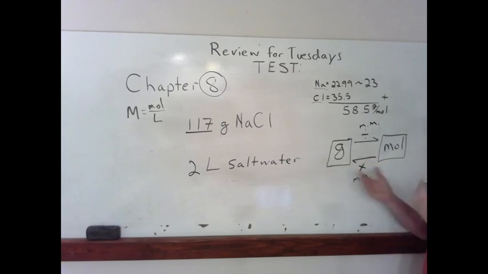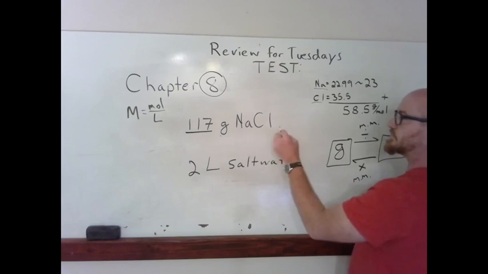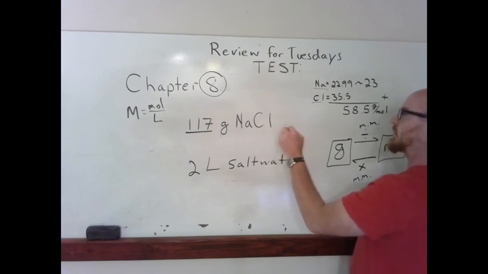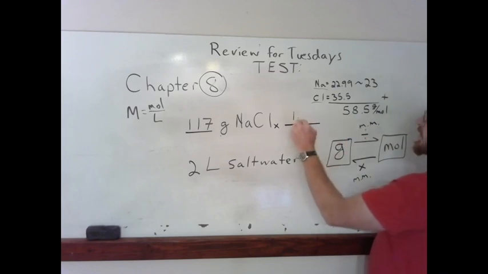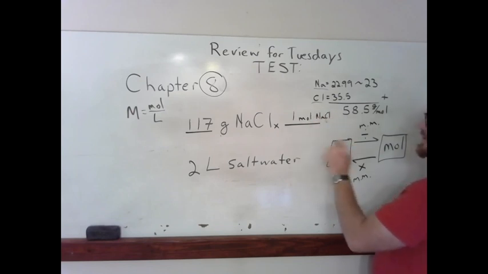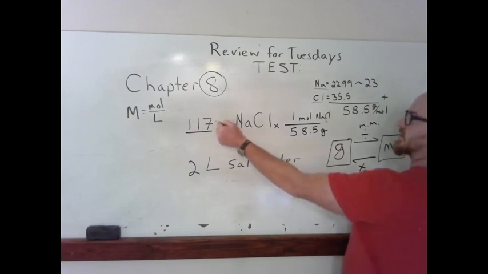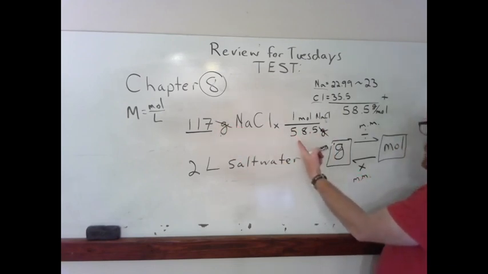So for example, if I come over here and I am going to divide by 1 mole of salt, NaCl, there we go. Its molar mass is 58.5 grams. The nice thing here is our grams cancel, that's why we're dividing.